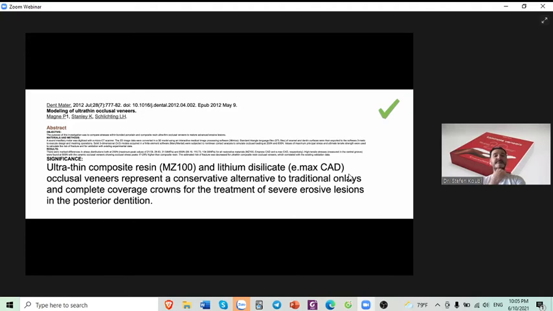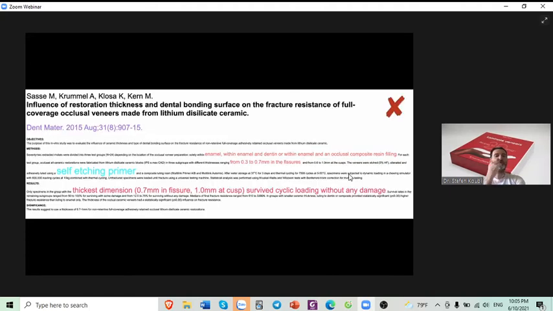And because I am a scientist, I always need to be honest with all of you. When you like something, you also need to take care of the articles which don't go in the same direction. And you have also this very nice study where they say a little bit the opposite of what I am claiming now.